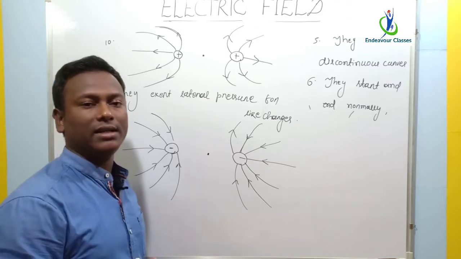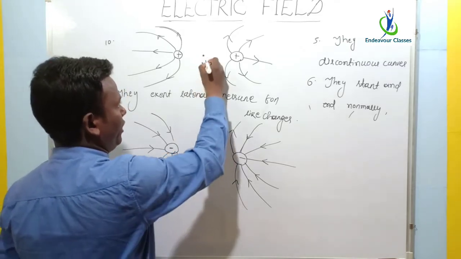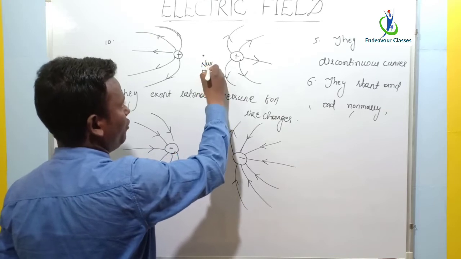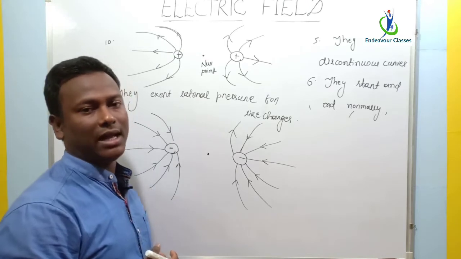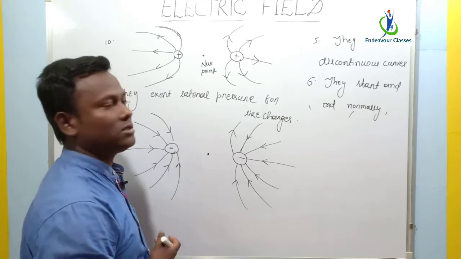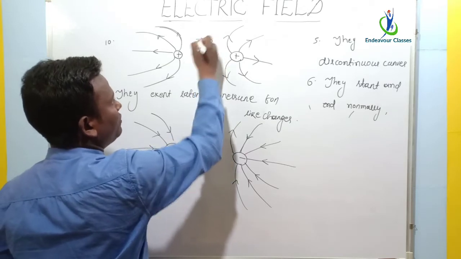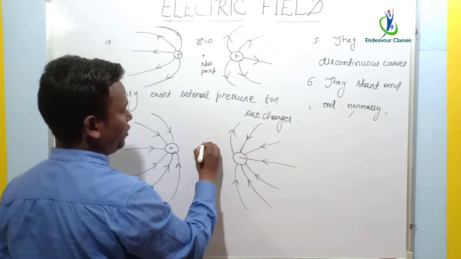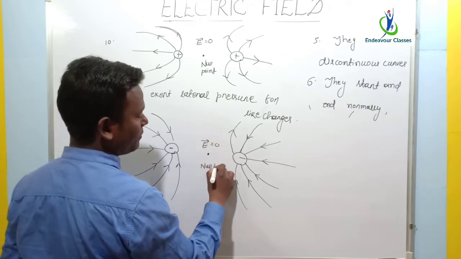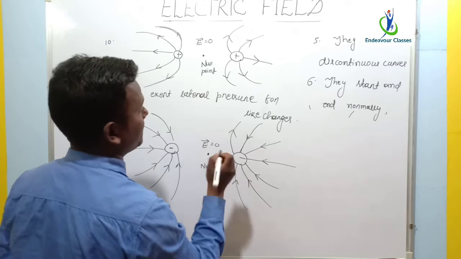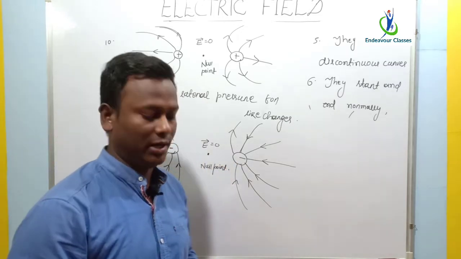The net electric field intensity will be 0 and we will get a neutral or null point. At the null point there will be no lines of force because there will be no field.